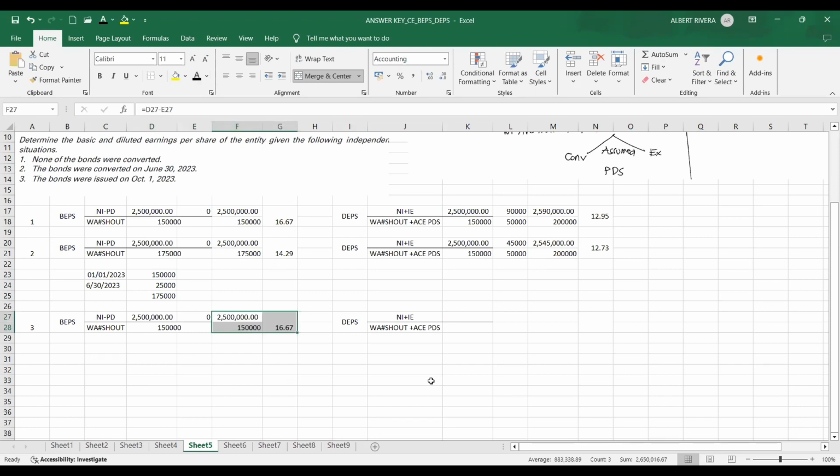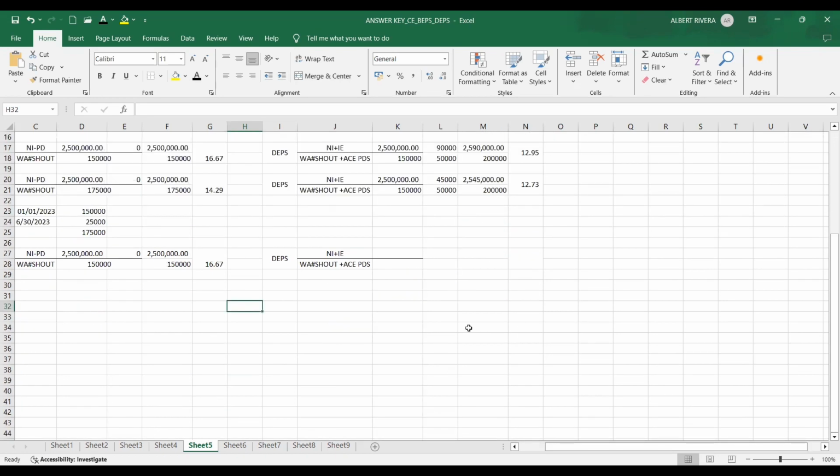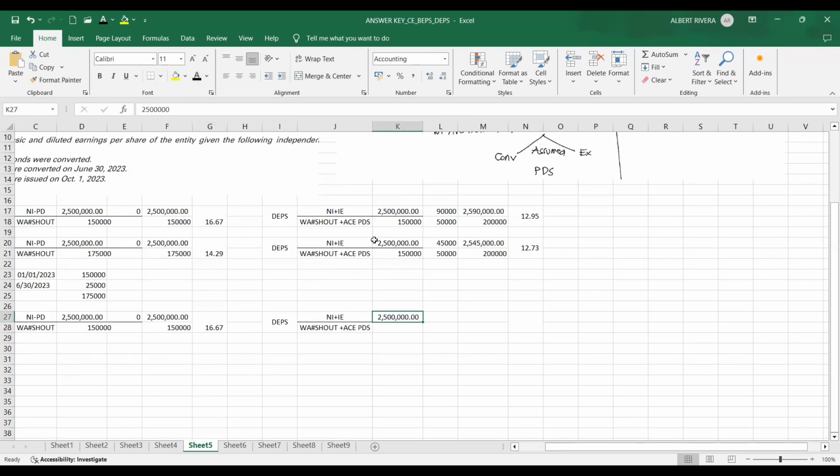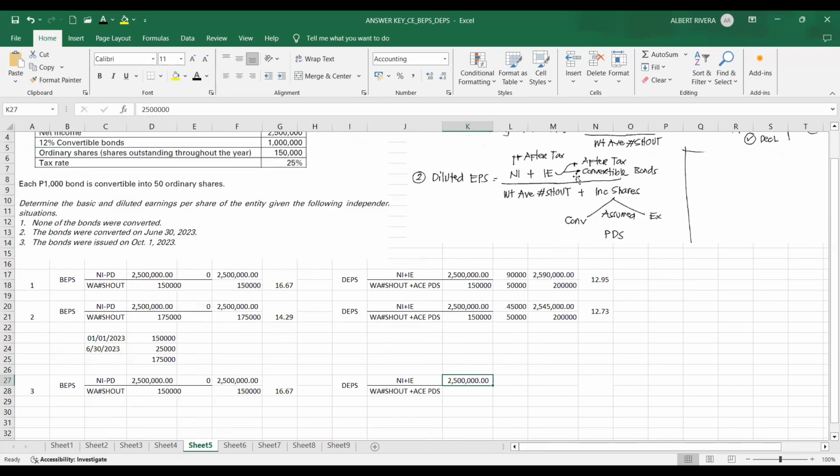Okay, so this would now be your basic earnings per share. But here, class, we're talking about assumed conversion or exercise of potentially dilutive securities. We have a net income here of 2,500,000 pesos. And there are convertible bonds that would incur interest from October to December.